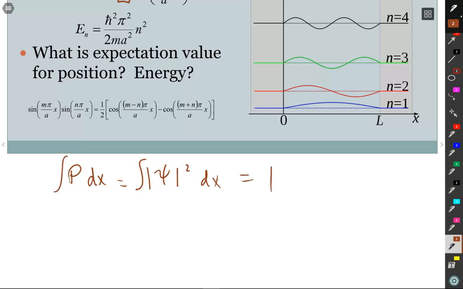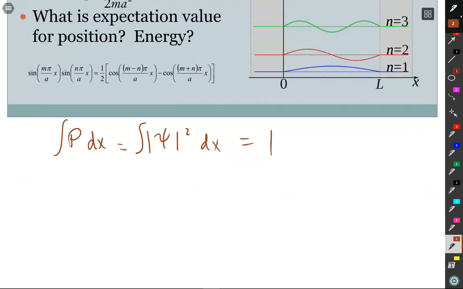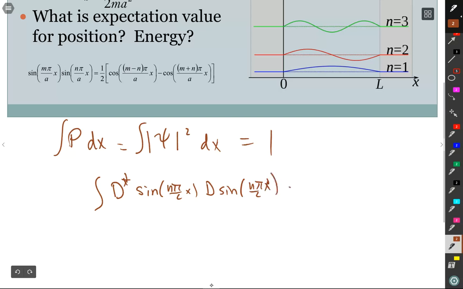The addition of my probabilities, an integral because it's continuous, over all space has to be 1. And so we can say, aha, that means the integral of, and I'll stick with my D star sine of n pi over Lx times D sine of n pi over Lx dx has to be 1.